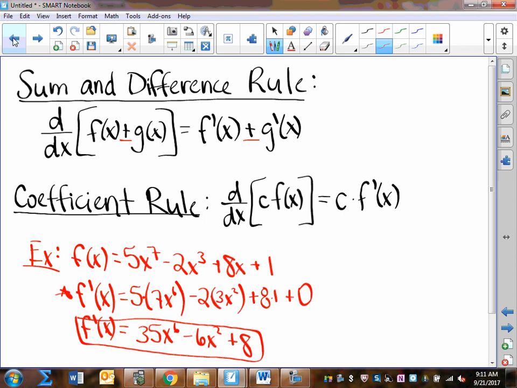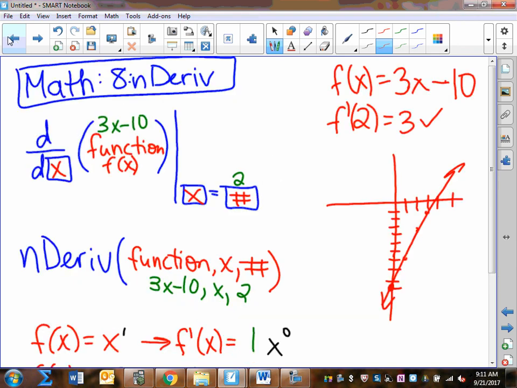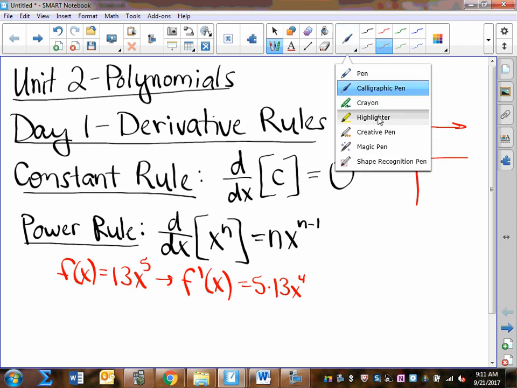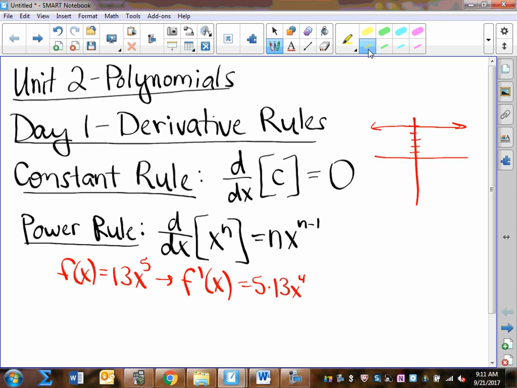All right, so let's again just kind of recap before we move on, and let's use our highlighters or color pencils to bring out the important stuff here. All right, so constant. The derivative of any constant is 0.